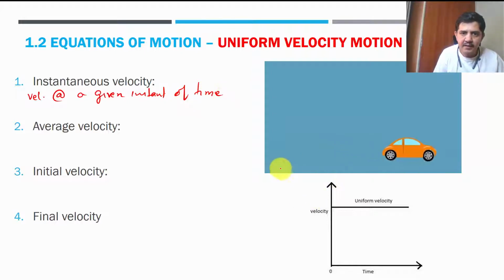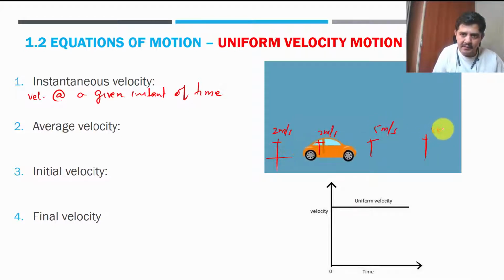Let us say the car starts from here at t equal to 0, and initially we get 2 meters per second. This could be something like 5 meters per second, and this could be 8 meters per second, and so on. I'm just giving you some values. At every instant the car's velocity is changing. If it changes like that, then you can say that the instantaneous velocity is changing. So there is a velocity at a given instant of time.